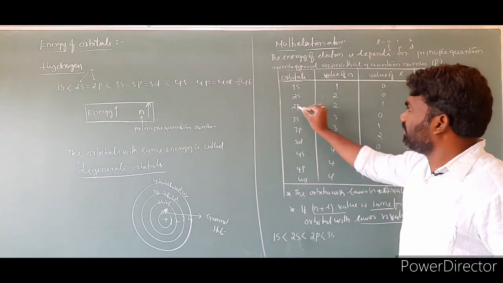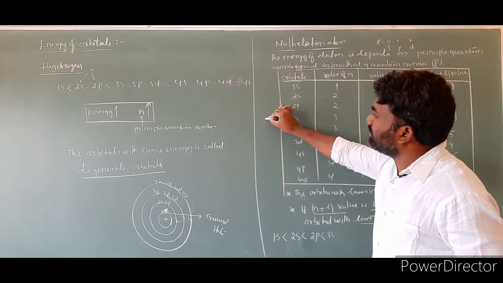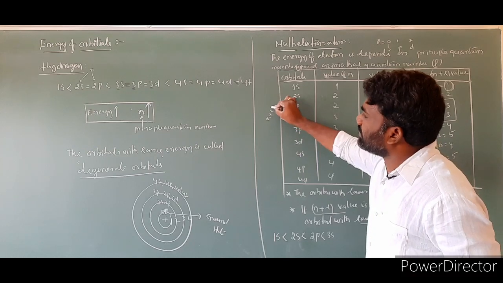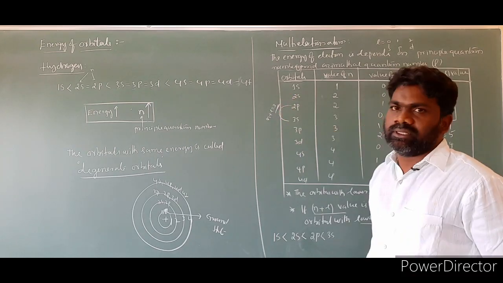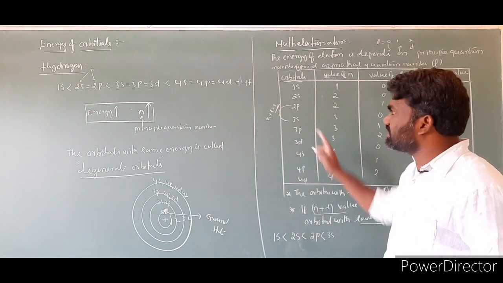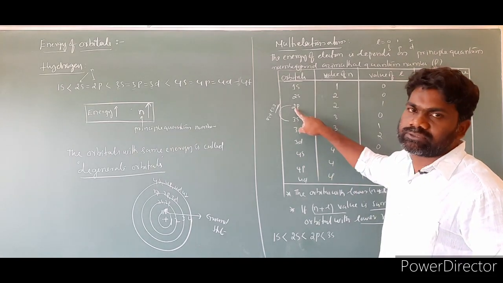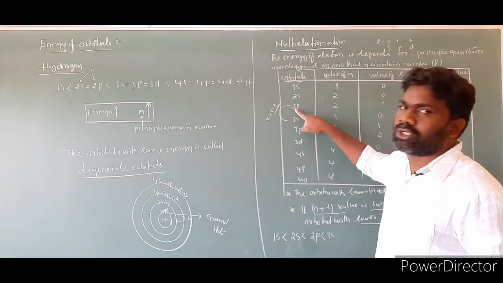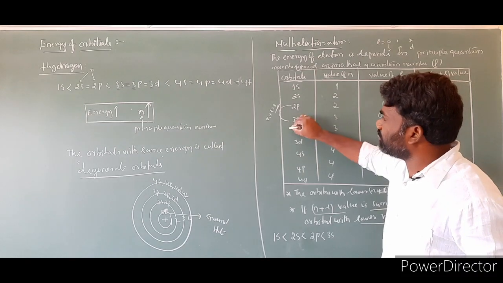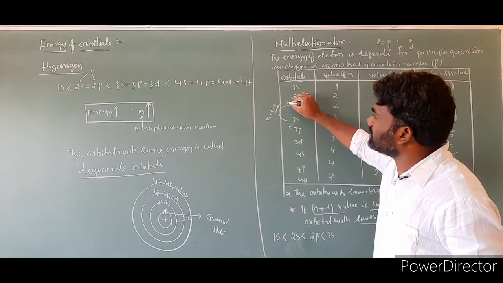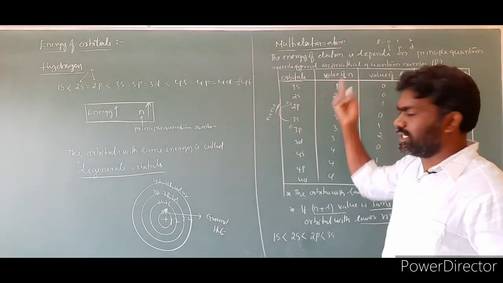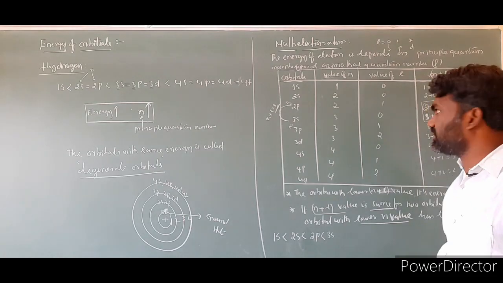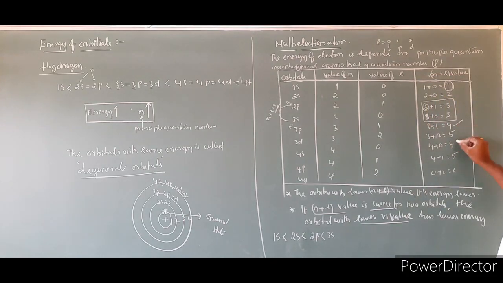What my point is, in these 2 cases n plus l is equal to 3, the value is the same. In such a case, the orbital with lower n value has lower energy. So 2p is less than 3s. Next, here n plus l is 4, here 4.